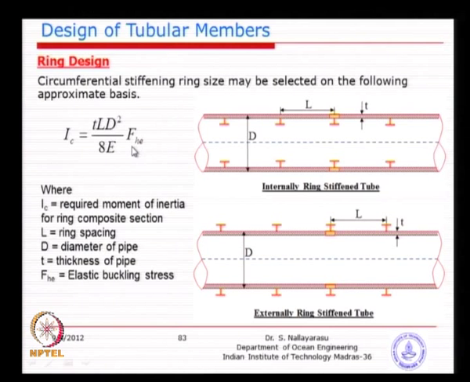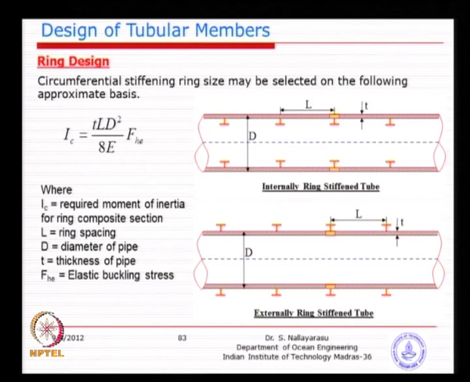So, if you have assumed the ring spacing is 5 meters, you calculated the FHE associated with 5 meters as the center to center of rings, and that stress will be used here, multiplied by the parameters mentioned here: L, which in this case becomes not the member length but the spacing between the rings, and d square divided by 80. All that you multiply, and you get the moment of inertia of the section required, which is basically the section including some part of the shell itself.